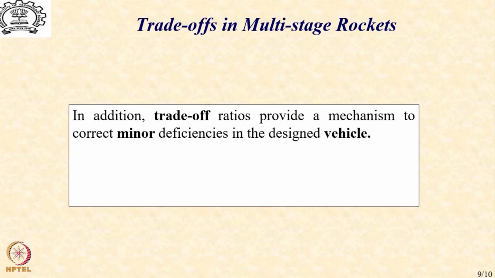And if you really want to do this in an efficient and optimal manner, then we immediately realize that the trade-off ratios are going to tell us how to correct these minor deficiencies in the performance by suitably going and modifying the design of a particular stage which is the most efficient.